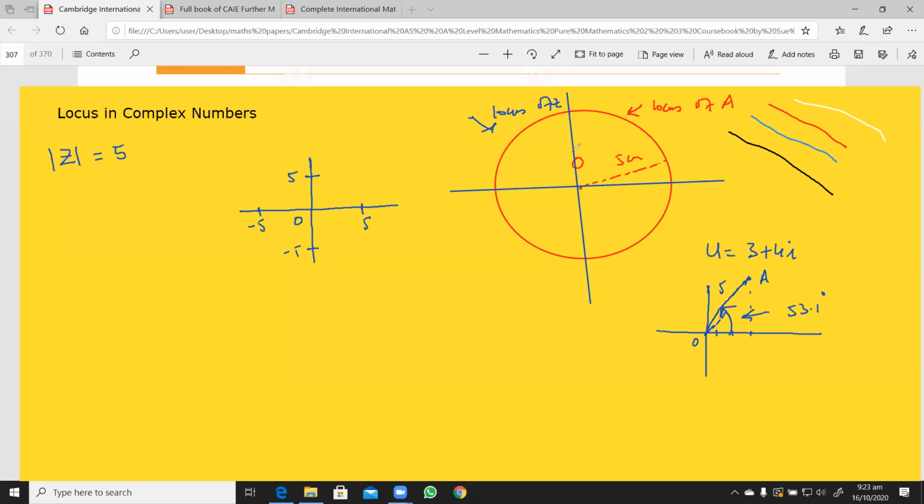We cannot be sure of the coordinates of the point on this circle. So if I say that in general there is a point x comma y over here, keeping this as x plus iota y, can you give me the equation of this circle?